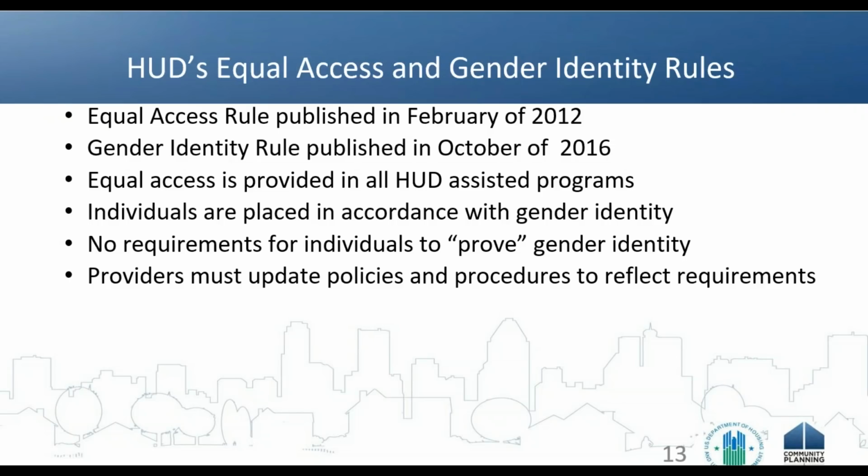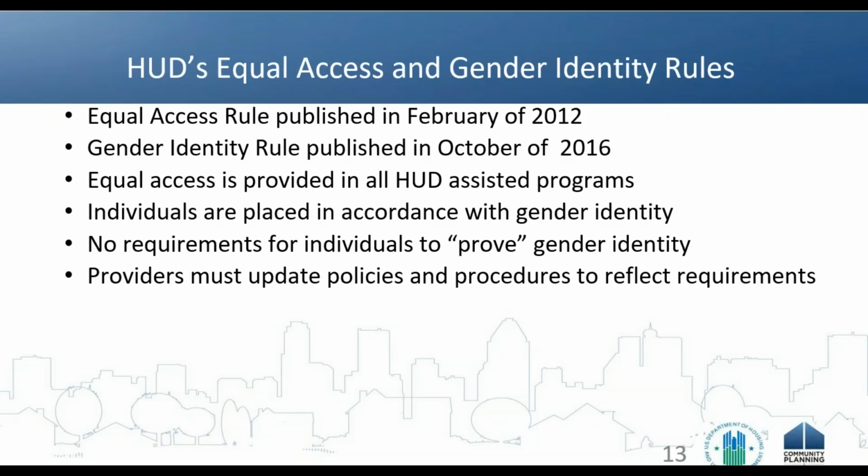But not places where there's a common living room and a bathroom that multiple people use, but you can lock it every time. That's not shared. We're talking shared is really when there's some expectation of privacy. In those sorts of projects, we needed to make policy on how those projects were to admit and serve trans folks.